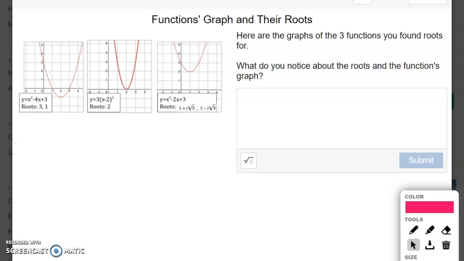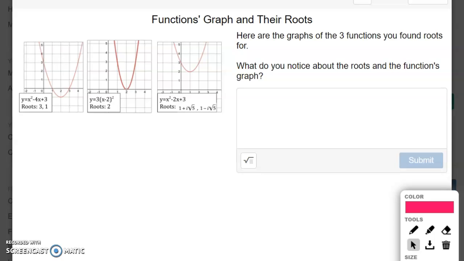With the first one, where we had two real roots, they're the two x-intercepts. When we had the second one, we only had one root that was positive 2, and that's where the graph actually just touches. So the graph only meets the x-axis once. It just touches at that point.